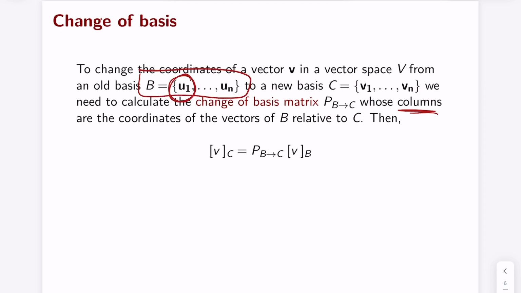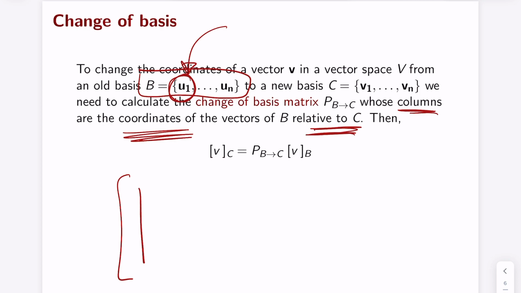So you take each vector in the old base and calculate its coordinates relative to C. So you have to write this vector in base C. When you find these coordinates, this is going to be the first column in the matrix P, B to C. So you take a vector in B, u1 for instance, and you calculate the coordinates of that vector in the new base, as we did a moment ago, and you put this as a column.